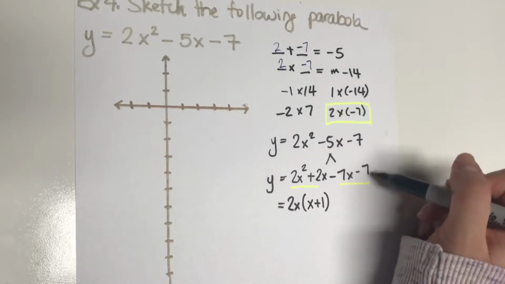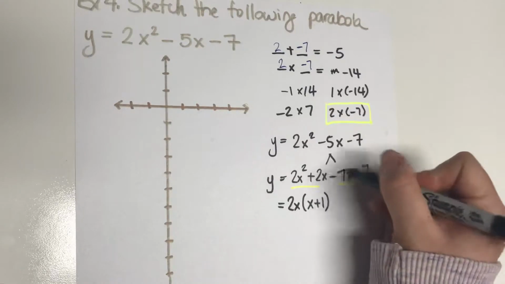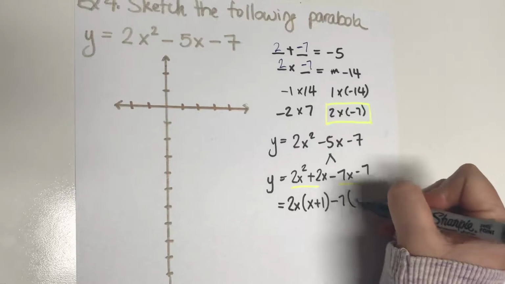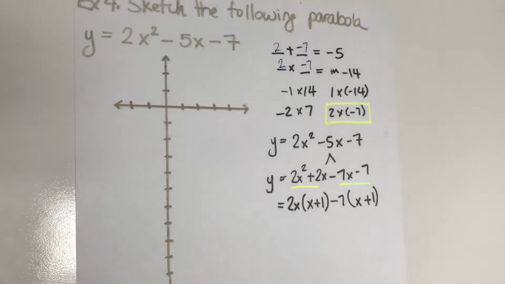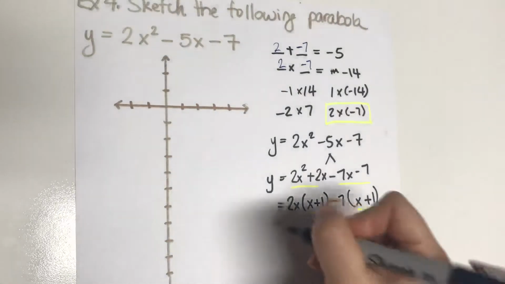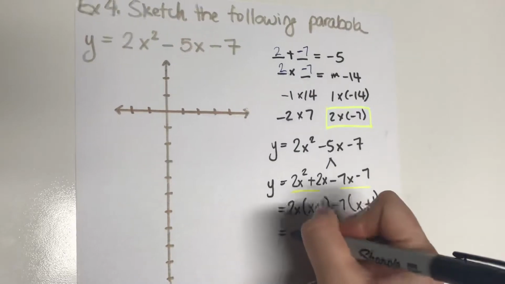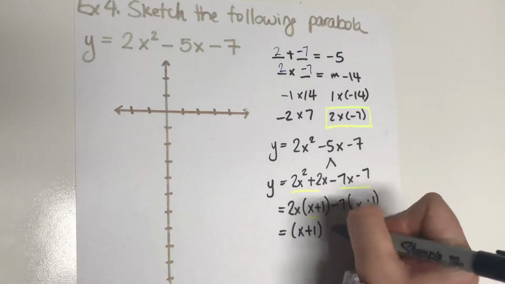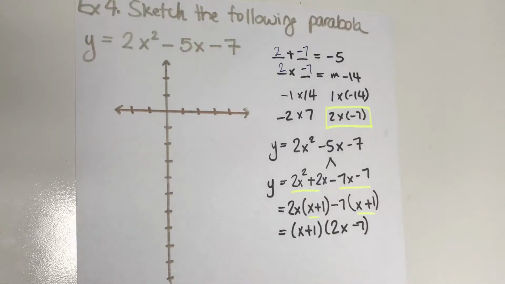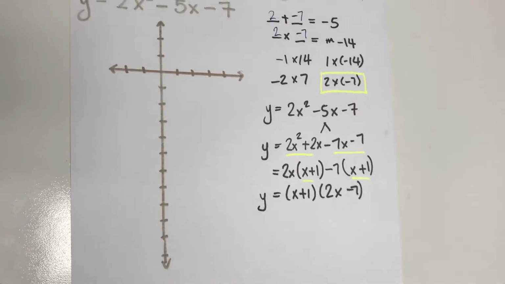These have a 7 in common, and remember, because this is negative, it'll be -7, and I'm left with x plus 1. Now, they have x plus 1 in common, so that's what I'm going to factor out. And I'm left with 2x minus 7. So that's my factored form of my equation.